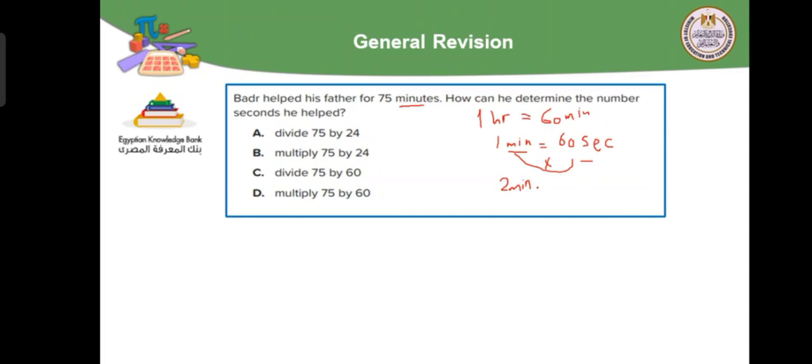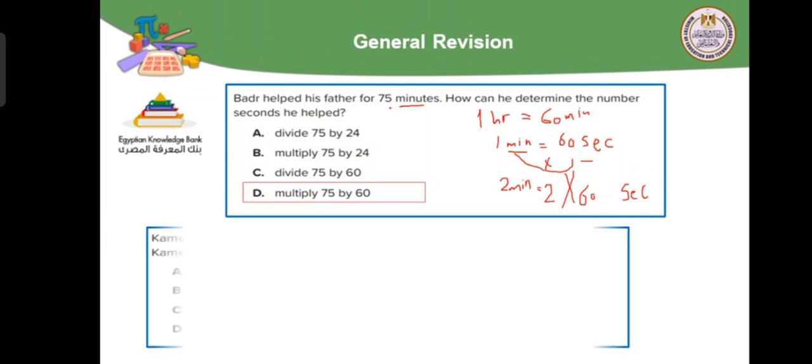You should make 2 by 60 to get it in seconds. It will be 120 seconds. So for 75 minutes, I multiply 75 by 60. So number D is correct.